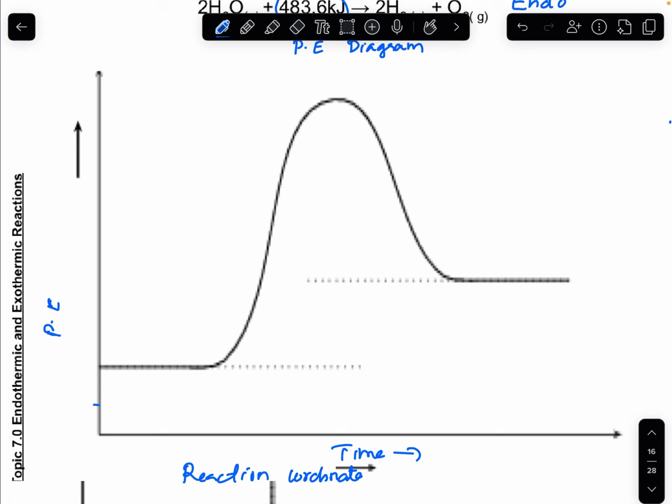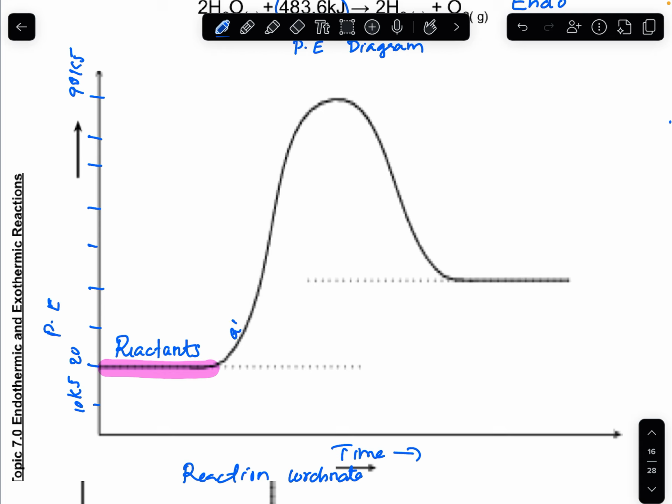We can label with the values there: 10 kilojoule, 20, 30, 40, 50, 60, 70, 80, maybe till 90 kilojoule. When you start a reaction, we have only reactants here. So that is the potential energy of reactants. This is the line for reactants, and the potential energy is 20.